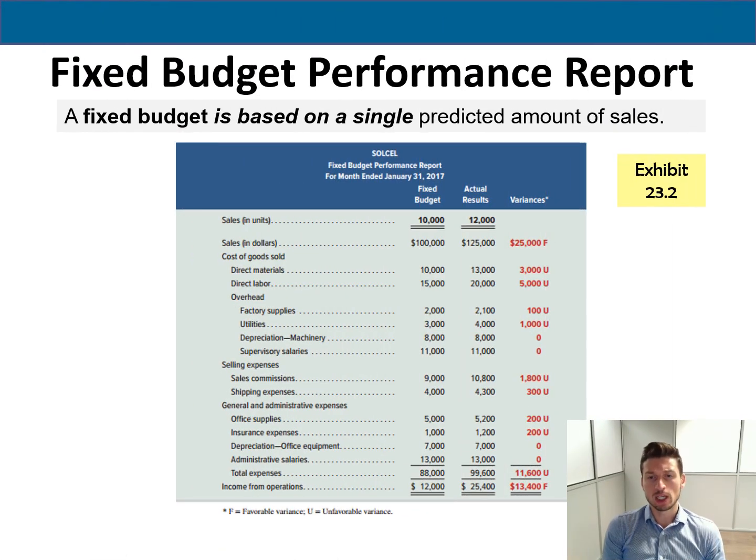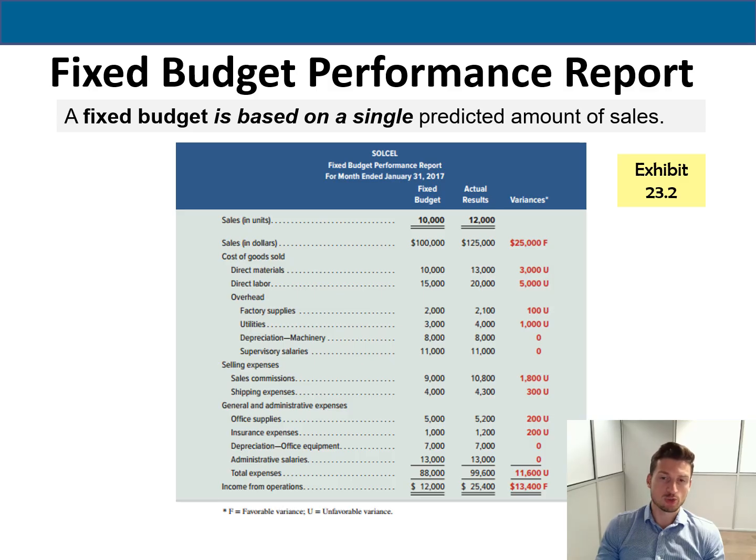Here you have a fixed budget, and it's called a fixed budget performance report. As I told you before, a fixed budget is based on a single predicted amount of sales, which means here we are assuming that I'm going to sell 10,000 units of goods. But unfortunately, very often our fixed budget results are not equal to actual results, which means that there are variances.